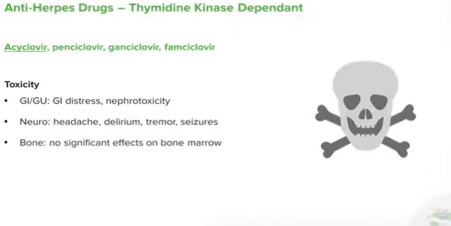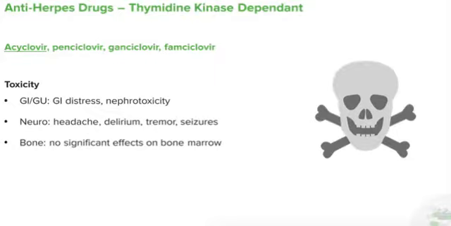Now, when you take a look at all of these drugs as a class as a whole, the toxicity that we are concerned about is GI distress and nephrotoxicity. So these are present in significant numbers enough that we have to keep a very close eye on them.